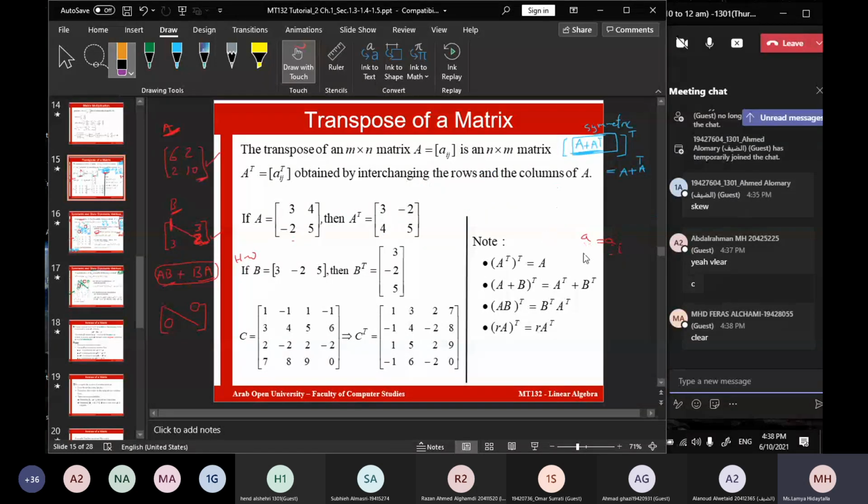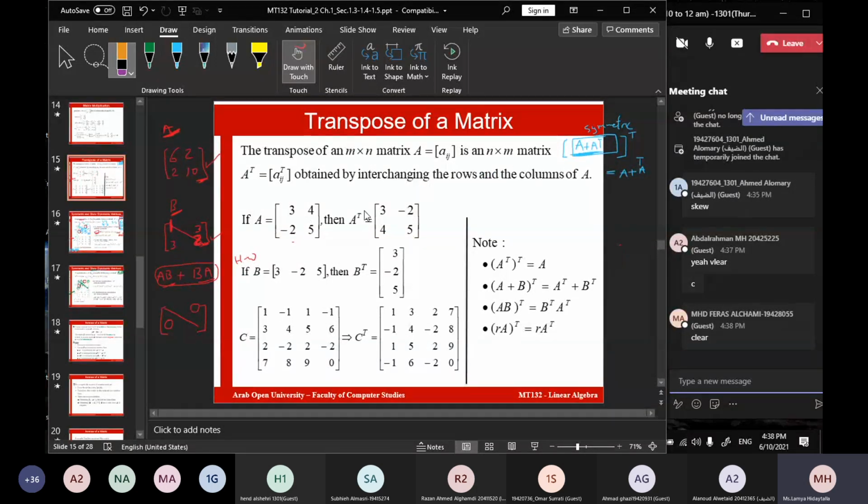This is a matrix, okay? And this is its transpose. Now subtract them. If I start from any matrix, here matrix A, and then minus A transpose, what will you get? What is the new matrix? So 3 minus 3 is 0. 4 minus minus 2, that is 6.